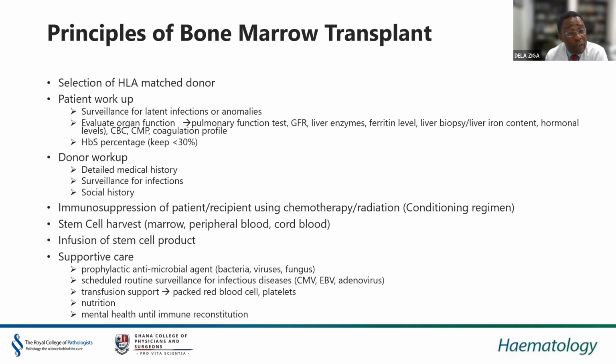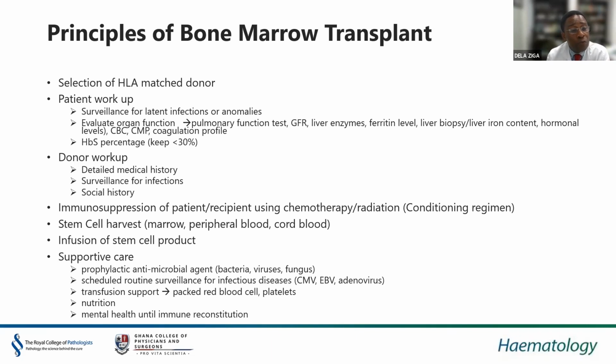We look for mold and other indolent lesions that might flare up when the patients are taken to an immunocompromised status. With a patient, we always want to ensure that the hemoglobin S percentage is less than 30%, in order to mitigate any risk of VOE, a vaso-occlusive event, during the process.